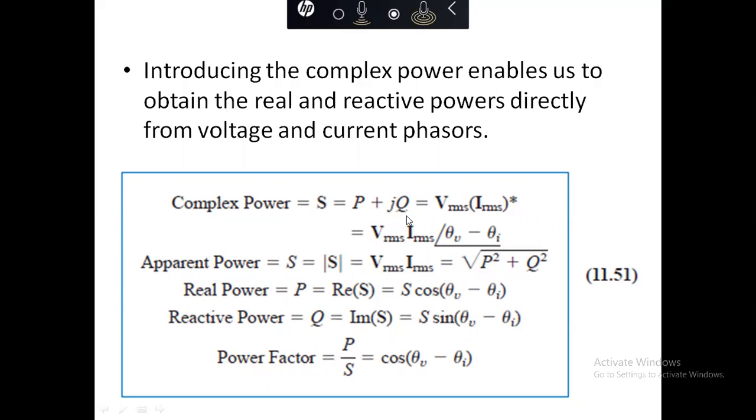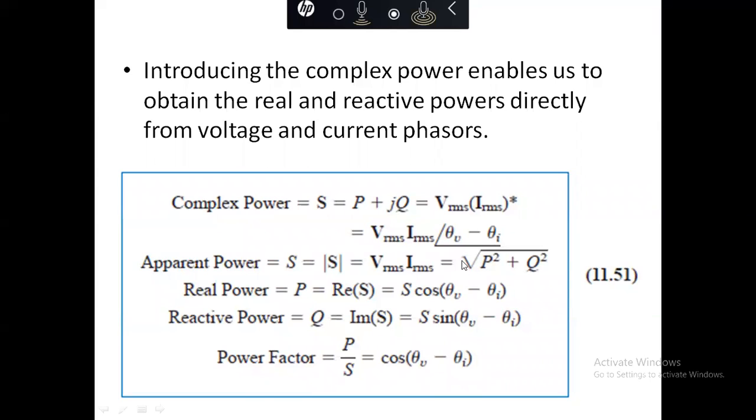However, we have the polar representation of this complex power, and the magnitude of this complex power is in fact the apparent power, which is the square root of P square plus Q square.